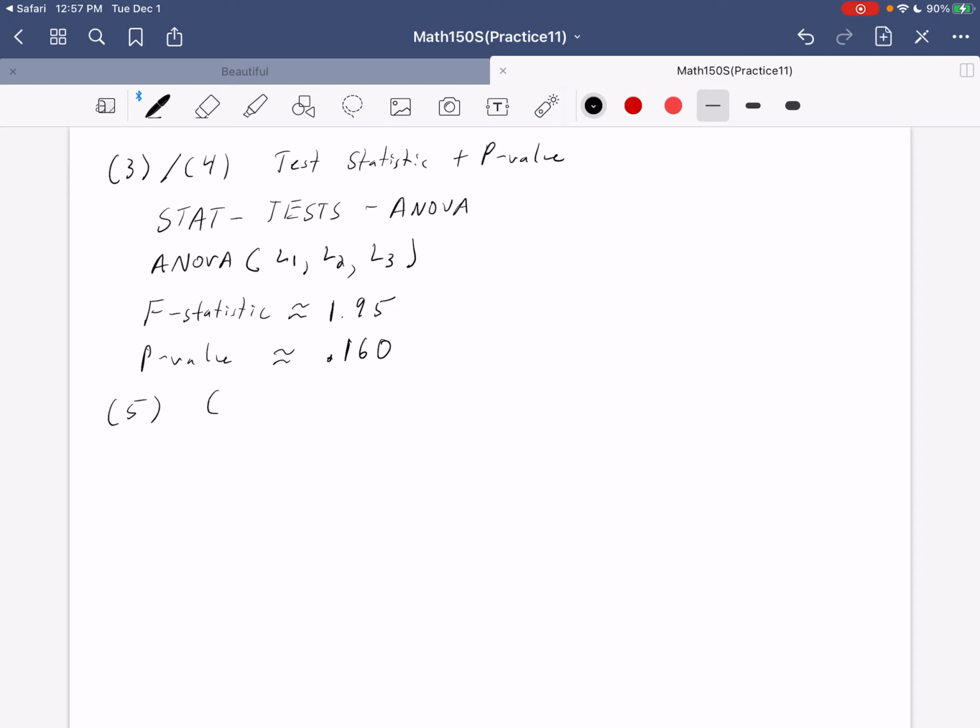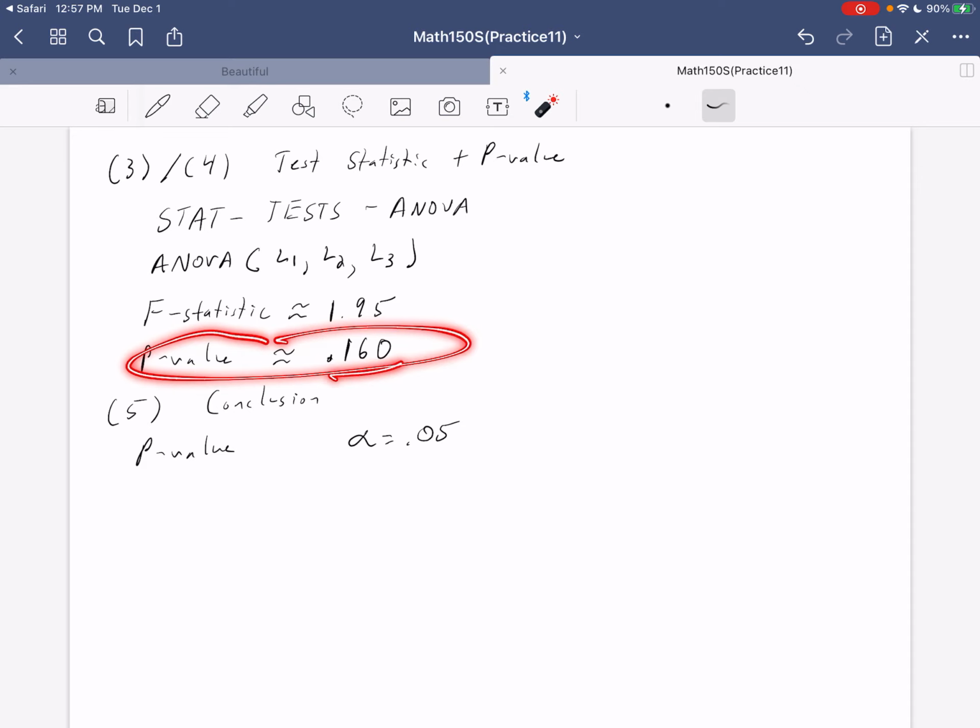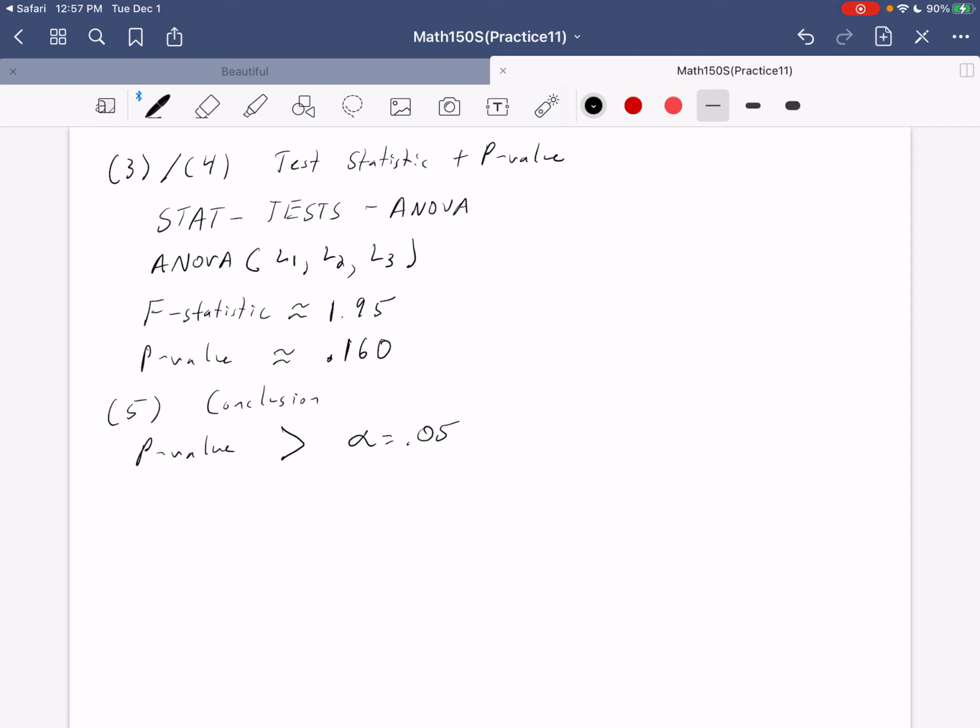Now we're ready for step 5, the conclusion. So let's go ahead and do that. The p-value against the alpha of 0.05 that was set in the problem. This p-value is about 16% versus 5%. Clearly, the p-value is larger than alpha. That means we're going to make the statistical conclusion of fail to reject H0. And that means we have no significant evidence for our claim. So no significant evidence that, what was our claim?